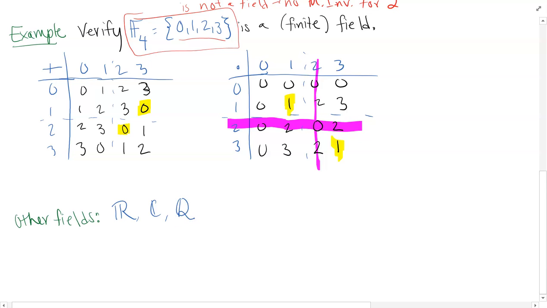Something that is also not a field, the integers. Okay, how do you talk about multiplicative inverses within the integers? And then by extension, the natural numbers. Okay, both of those are not fields. Okay, so we'll get some more practice both verifying field properties and working with fields in class and in later lessons.